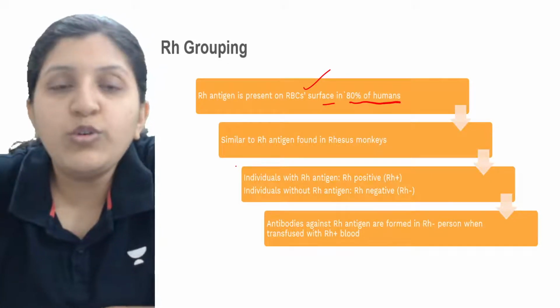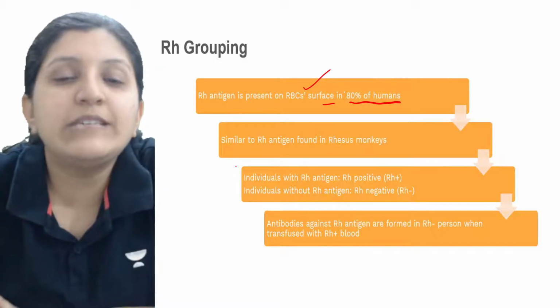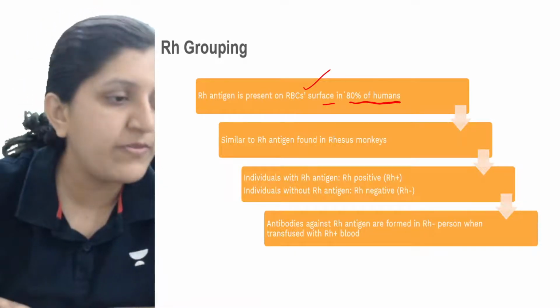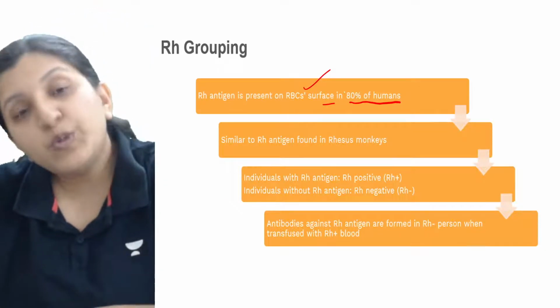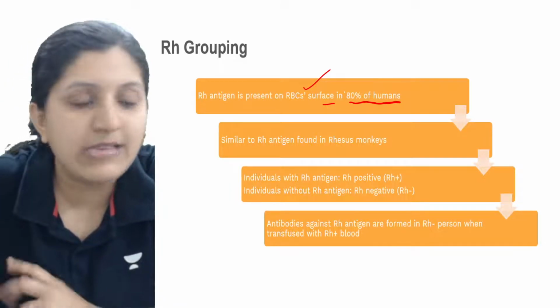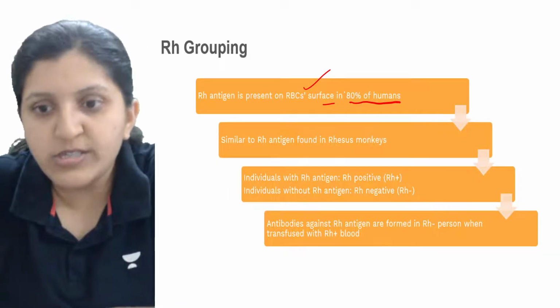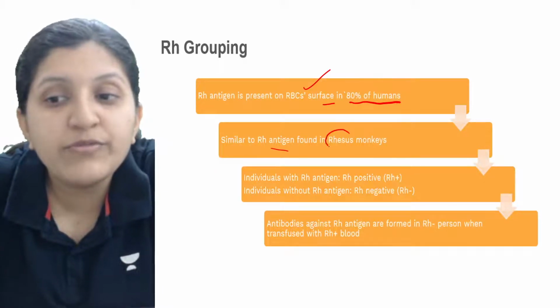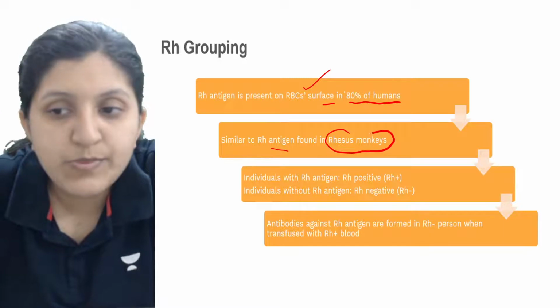The ones who have this RH antigen are the positive individuals, and those who do not have this RH antigen are considered the negative individuals. This is similar to the RH antigen which you can find in rhesus monkeys.